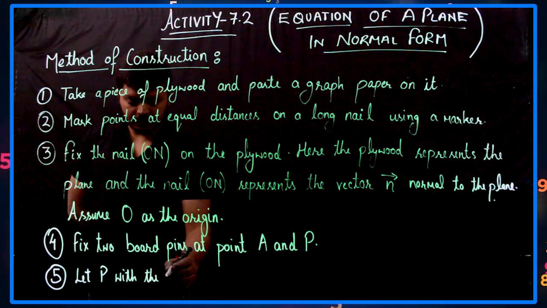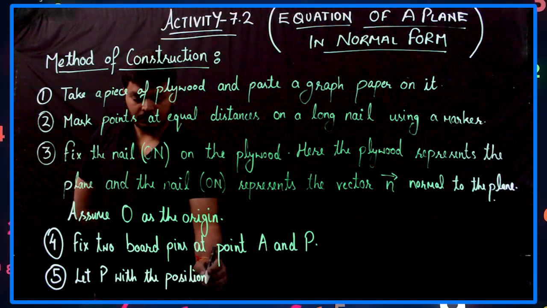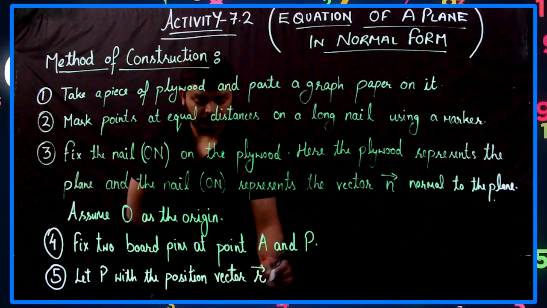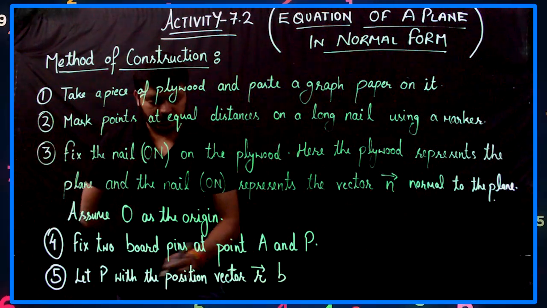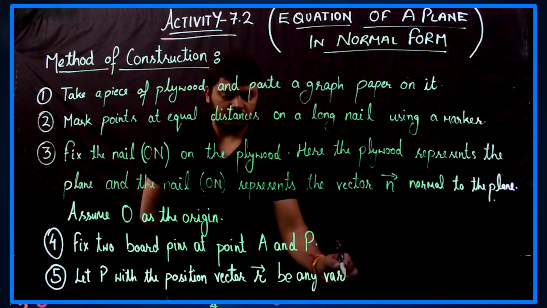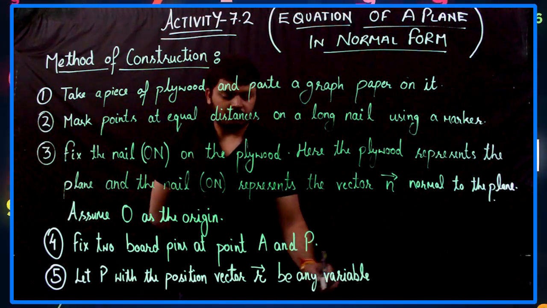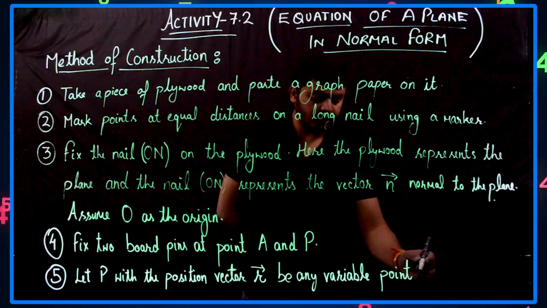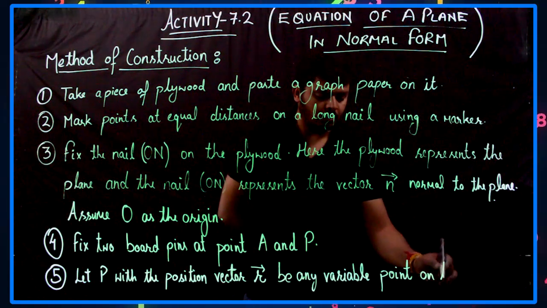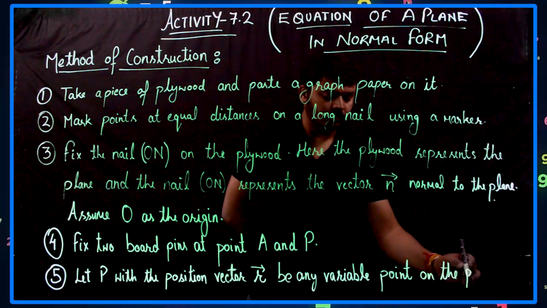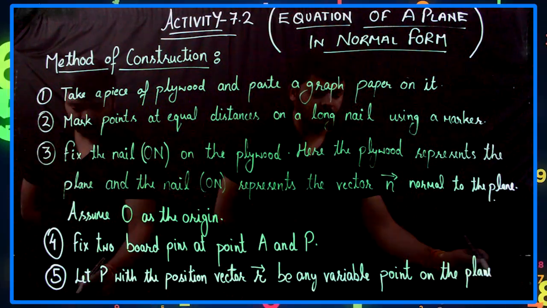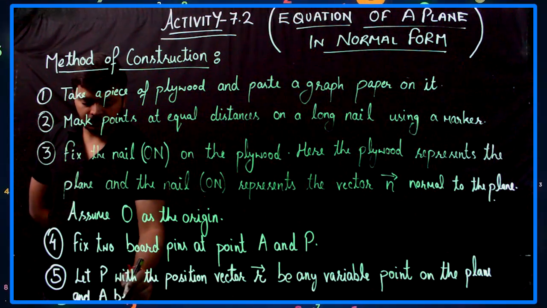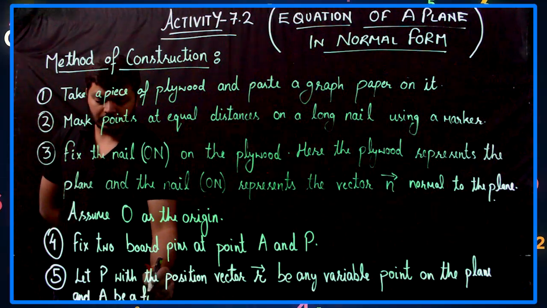Let P with the position vector R be any variable point on the plane and A be a fixed point.